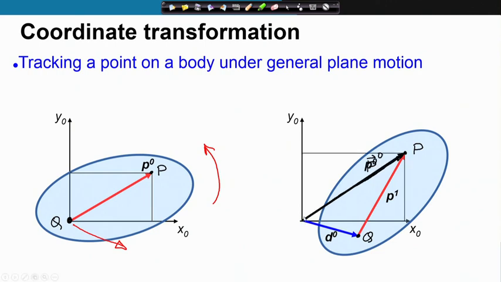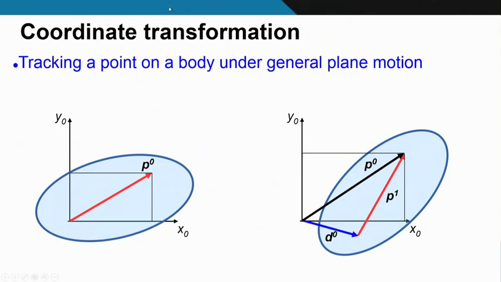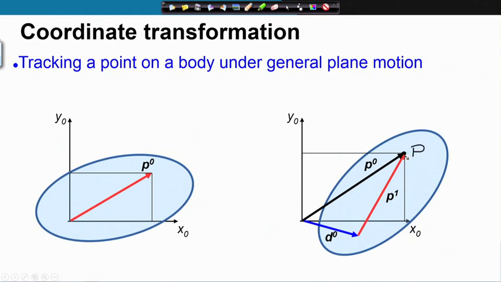So, the position vector of the point P, which I have shown here. P 0 is the position vector of point P in the x 0 y 0 coordinate system. That is what we want to determine.